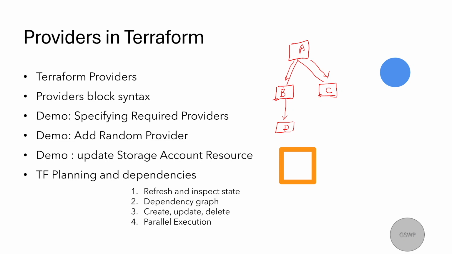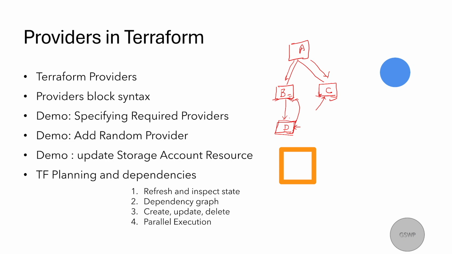Now for example, resource B will be created when resource A is created, and now we have D. But what if your D requires a dependency on C as well, that when we want to create resource D, somehow it has a dependency on C, and it has two dependencies, one on B and one on C. It got created because we have defined some reference variable from B, that's totally fine, D created fine.